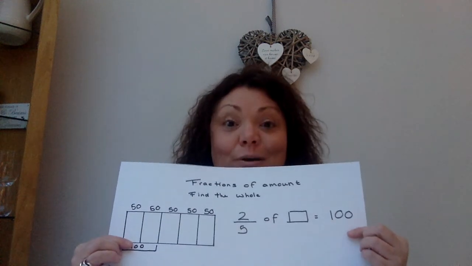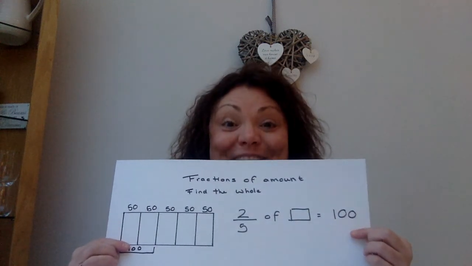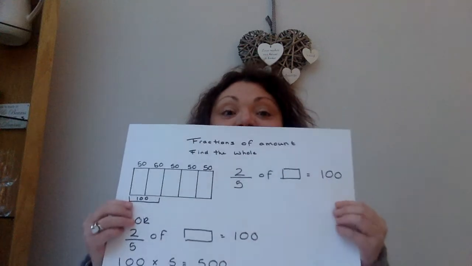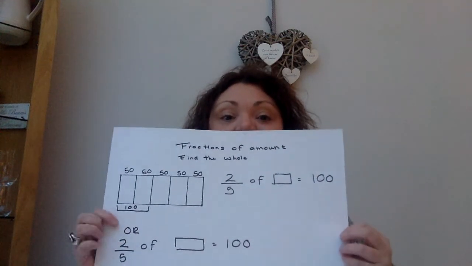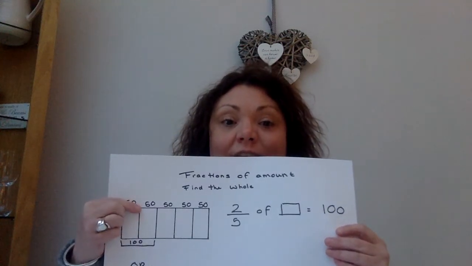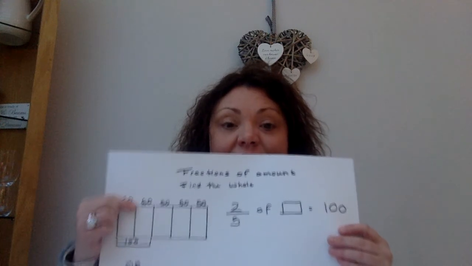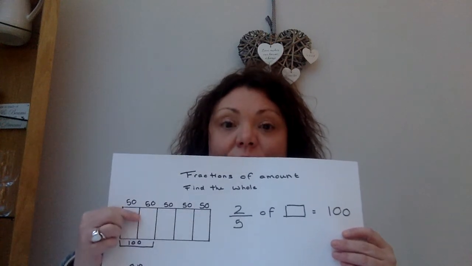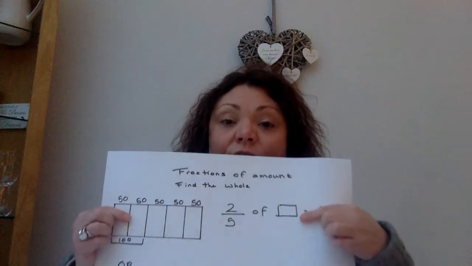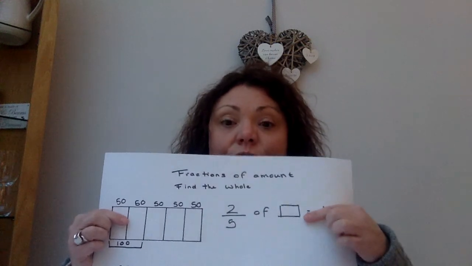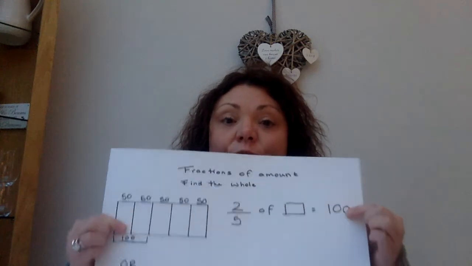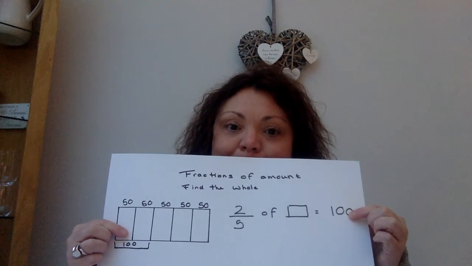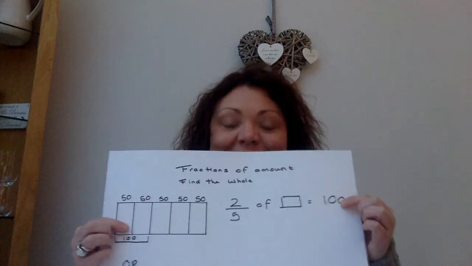I know that some of you are already shouting out the answer to me. Yes, it is 250. If we add up 5 fifties, it comes to 250. So 2/5 of 250 equals 100. I hope you were able to follow that.